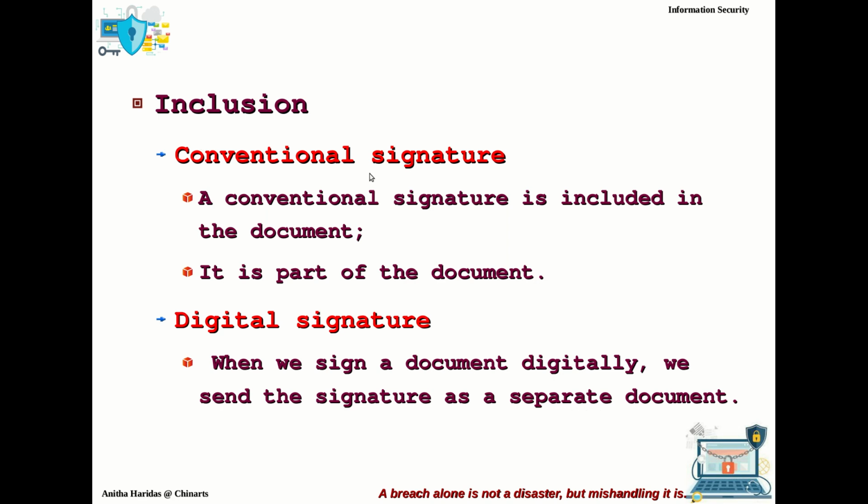In the conventional signature, the signature is included in the document itself, as with the signature on the check, whereas if you sign a document digitally, we send 2 different documents. One is the message which you want to send, and the second is the signature, which is again sent as a separate document over the internet or network.